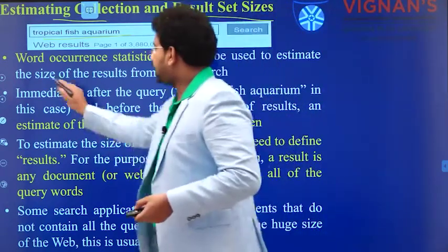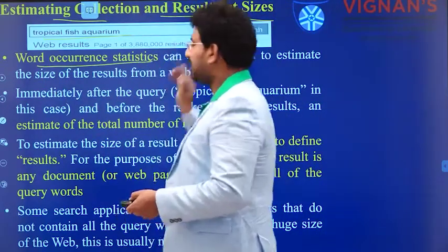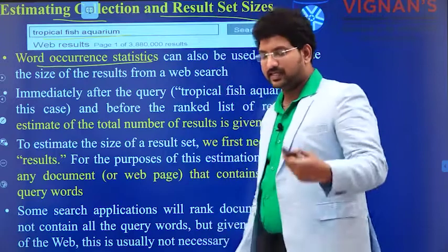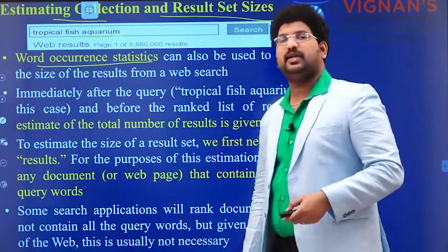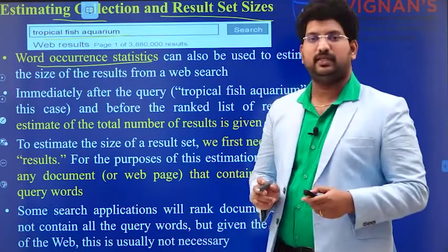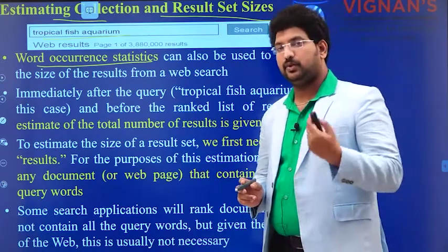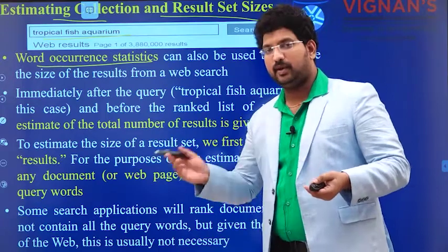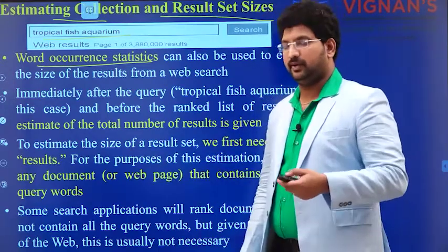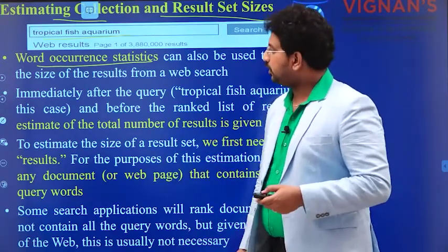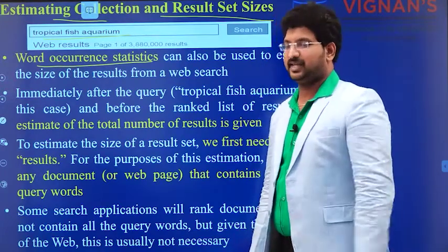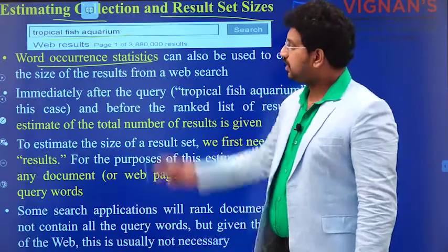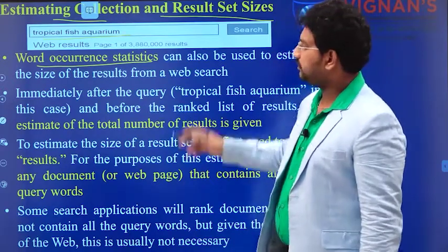Word occurrence statistics. What is it indicating? For example, if you consider a text document, whatever information you want to search there, you are immediately able to retrieve some information. At that time you consider word occurrence statistics. For example, you searched for tropical fish aquarium.